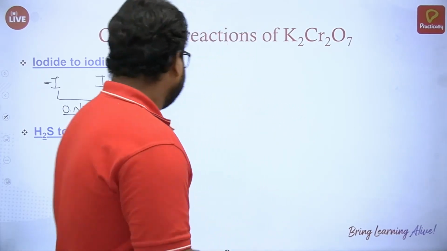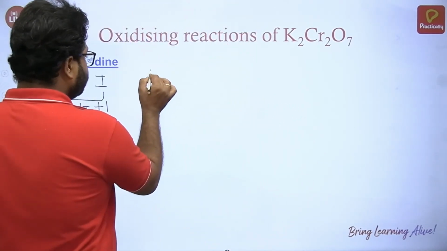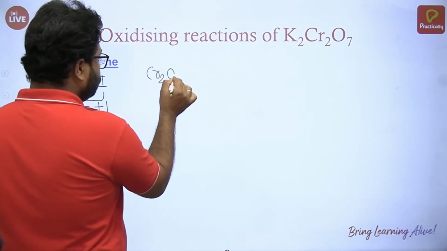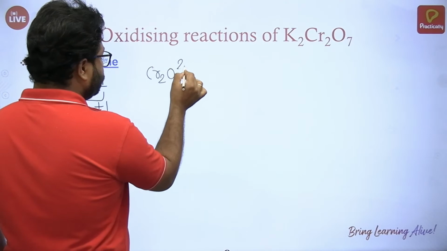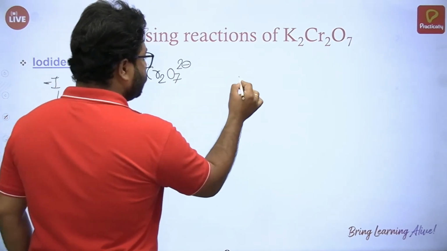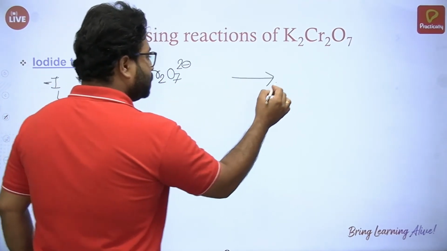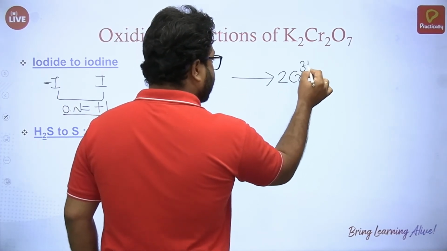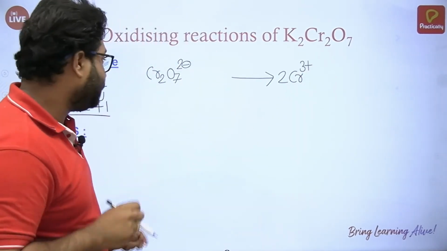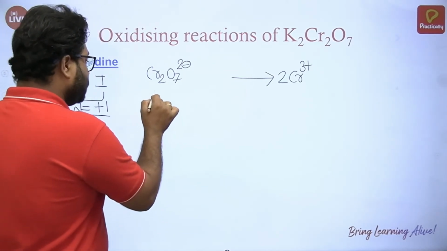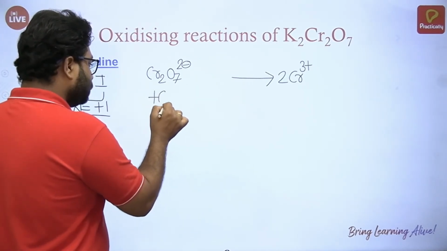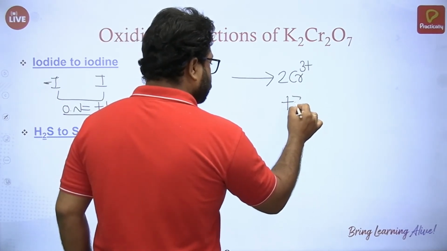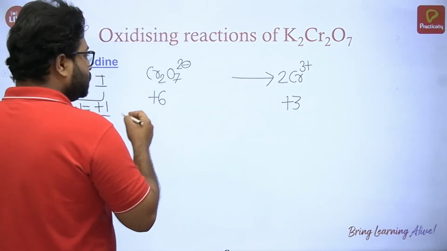For example, Cr2O7 2 minus, from there your chromium is going to the +3 oxidation state. Now I am writing only the ionic reaction. Here it is +6, and here it's +3. Cr2O7 2 minus.